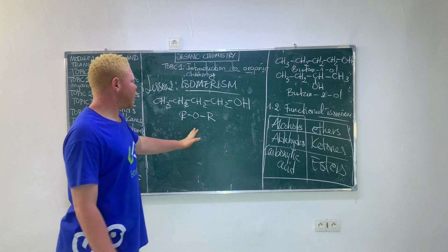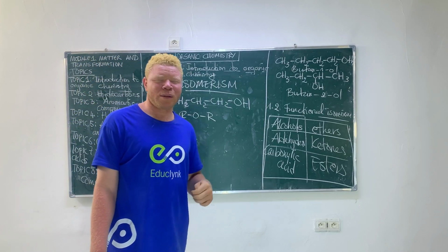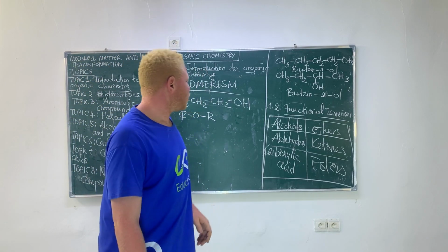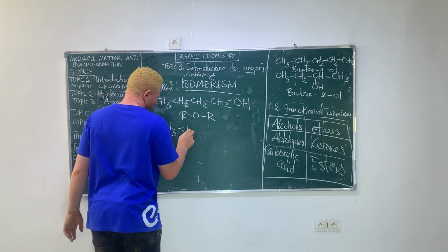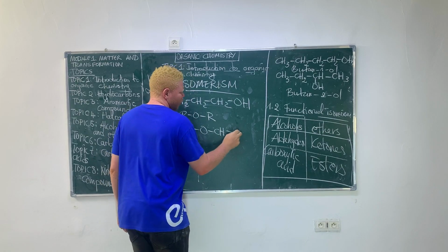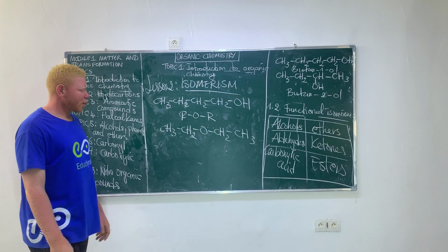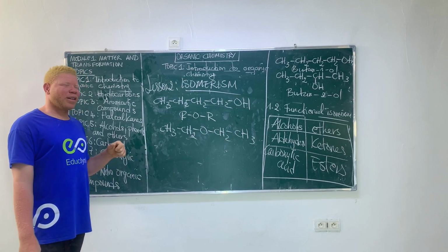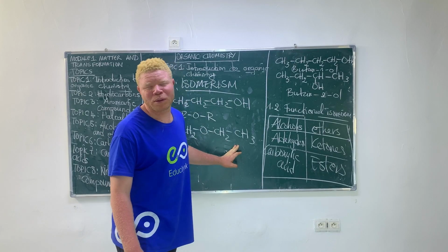In this case, the number of carbons is 4, and 4 divided by 2 is 2. So I have CH3, CH2, O, CH2, CH3. We see we have an ether, and on each side we have 2 carbons.